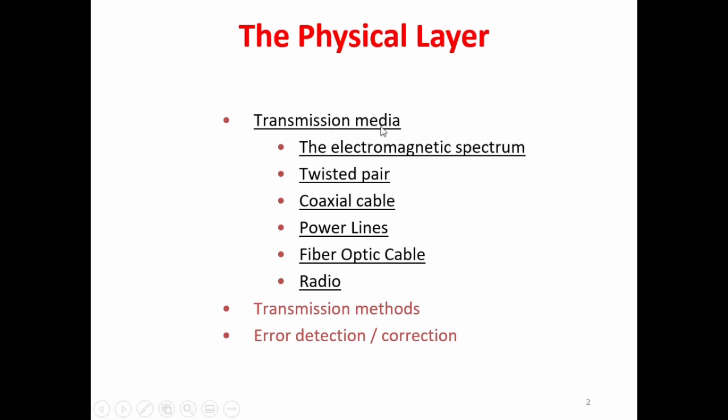These are the transmission media, but we also have transmission methods, how we can work with the binaries. In the previous session, we talked about this. We are working here with a digital platform, right? How we can use the binaries and how we can transmit the information. And finally, we have error detection and correction.